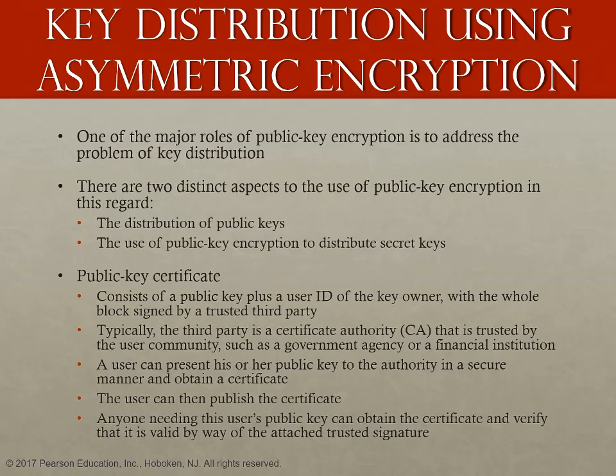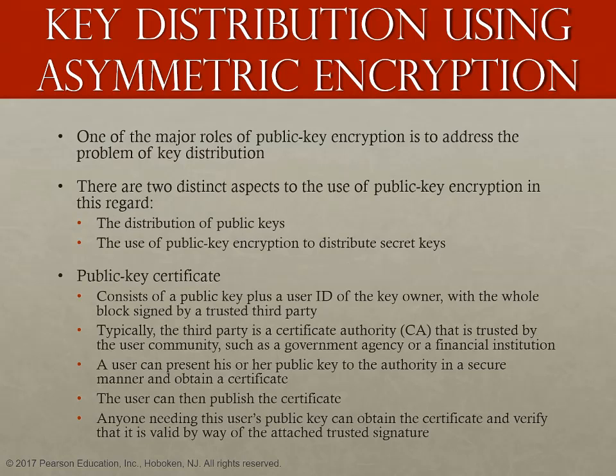The solution to this problem is the public key certificate. In essence, a certificate consists of a public key plus a user ID of the key owner, with the whole block signed by a trusted third party. Typically, the third party is a certificate authority, CA, that is trusted by the user community, such as a government agency or a financial institution.